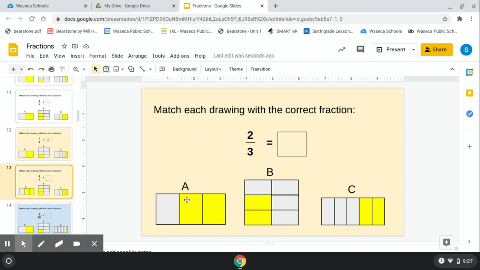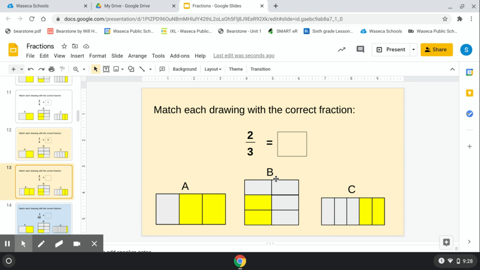Let's check A. First of all, actually, I see that they all have 2 equal parts shaded yellow. So we just need to check and see which one of these has 3 equal parts. Let's try C first. See, C is split into 1, 2, 3, 4, 5 equal parts. Nope, we're looking for 3.